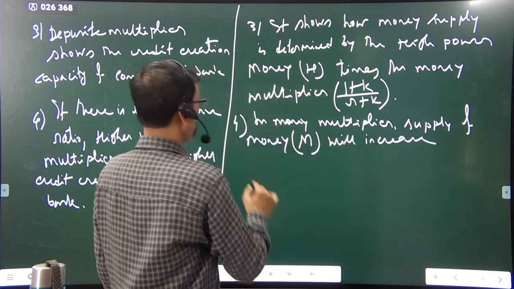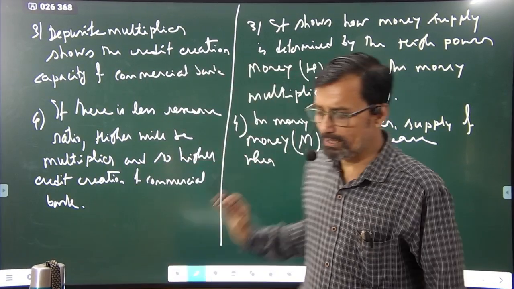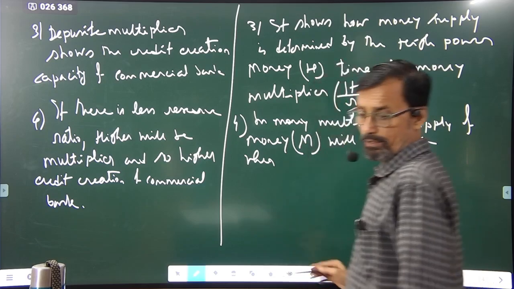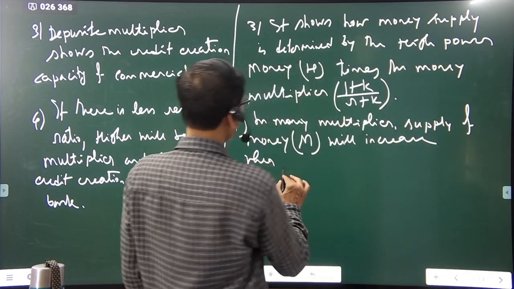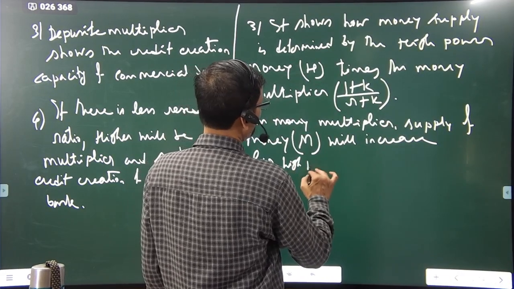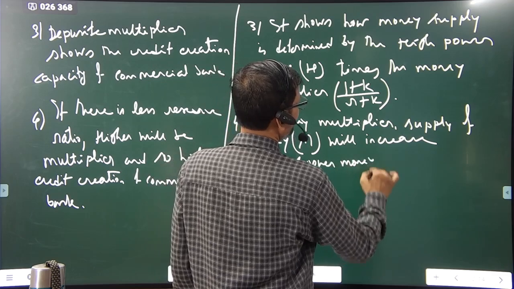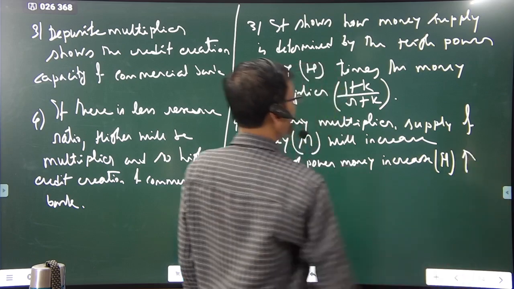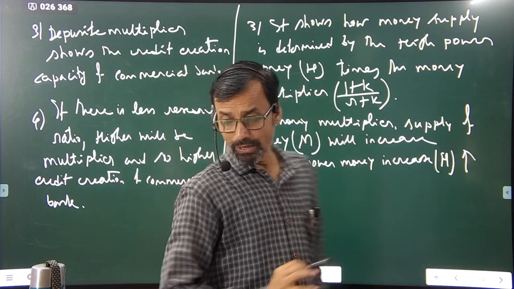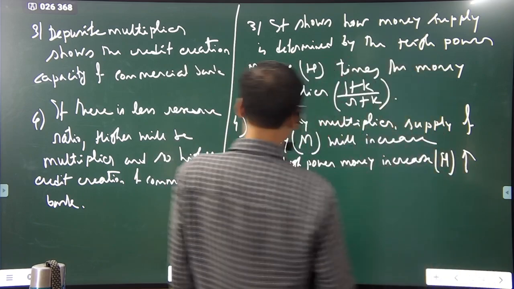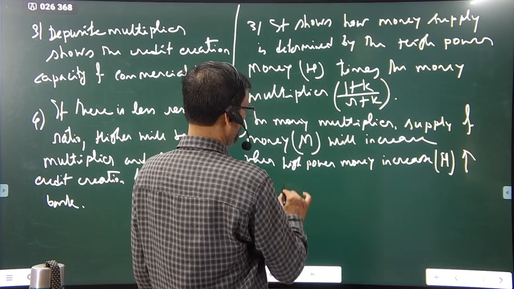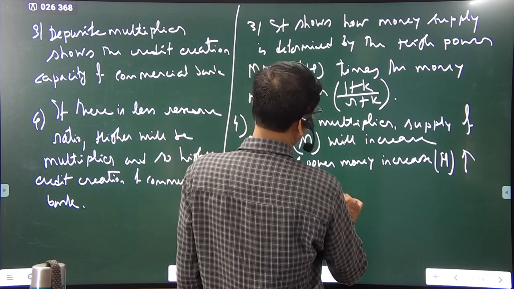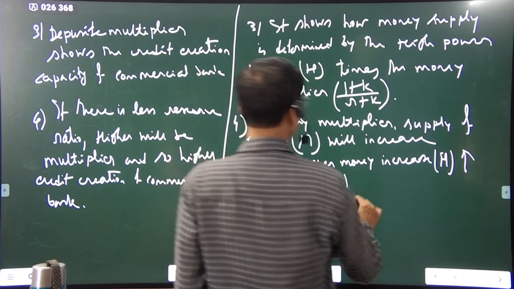When will it increase? It will increase when high power money increases, and the currency deposit ratio, that is K, and the required reserve ratio, that is R, decrease.